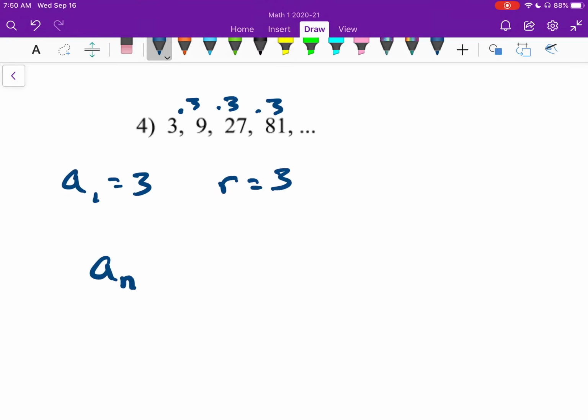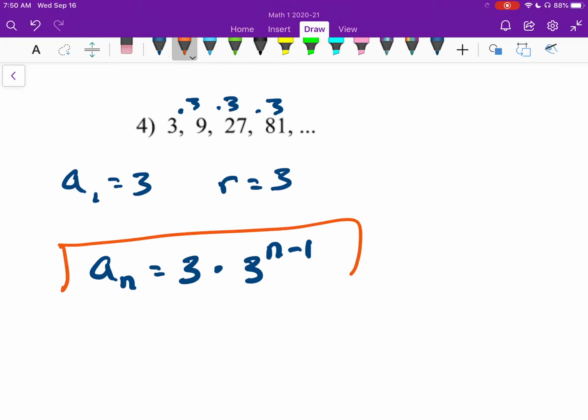So A sub n is going to be 3 times 3 to the n minus 1. Now, this is the answer. I mean, you're done. But actually, with having 3 and 3 next to each other, you could make this A sub n equals 3 to the n. But that's just kind of fancy algebra, and you don't actually have to do that.